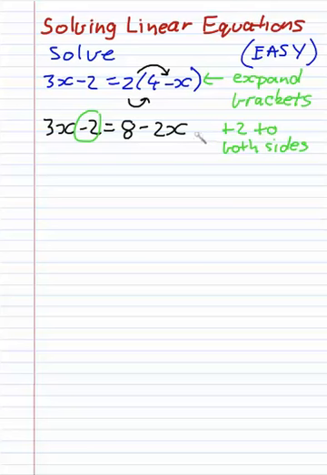And what we get is the following. 3x, when you add 2 to the left hand side, minus 2 plus 2 will cancel, so all we've got left is 3x. When you add 2 to the right hand side, 8 plus 2 will just equal 10, and we'll get 10 minus 2x.